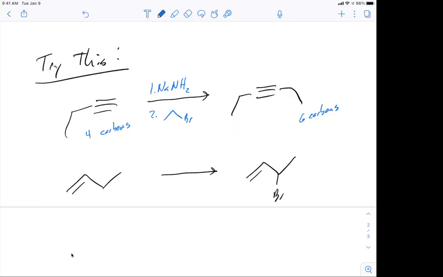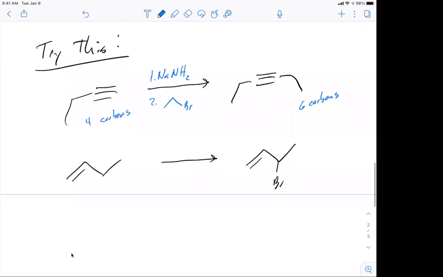Okay, the next one here, we're adding the bromine. It's important to notice that that is allylic. Since we have a double bond here, could we have used Br2 and light? For this one, because of that alkene, this would give us complications because the bromine could add directly to the alkene.